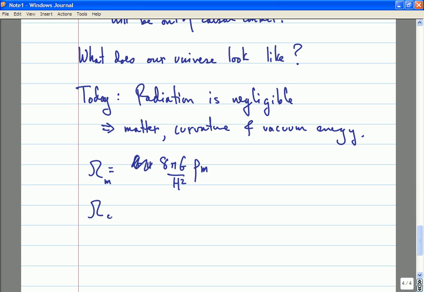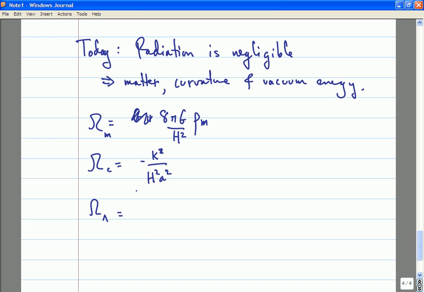Likewise, omega of curvature is minus k over h squared a squared. And omega of vacuum energy, or cosmological constant lambda, is 8 pi G, I guess there was a 3 here, over 3 h squared times rho lambda.